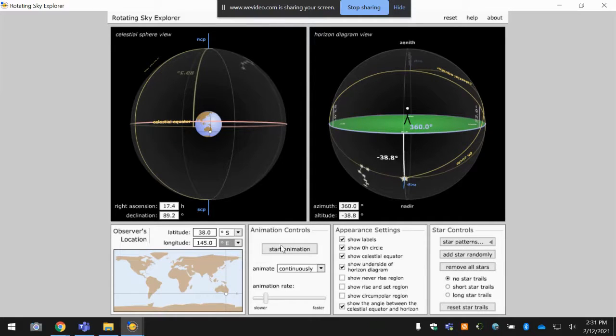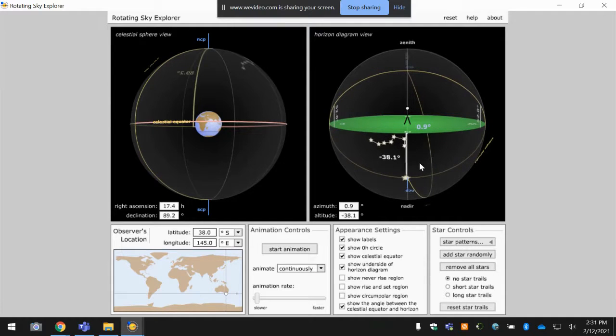That means it's below the horizon, minus 38.8. Altitude of the first star of the Dipper at the meridian, minus 9.8. Here's the right ascension and declination, and the altitude.